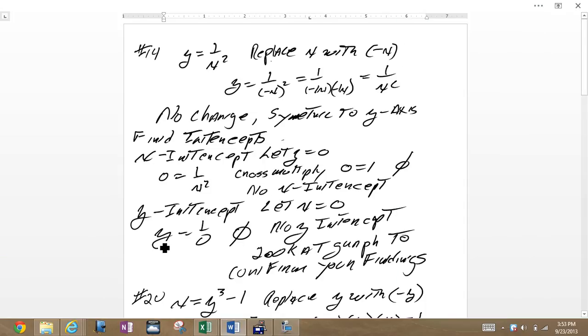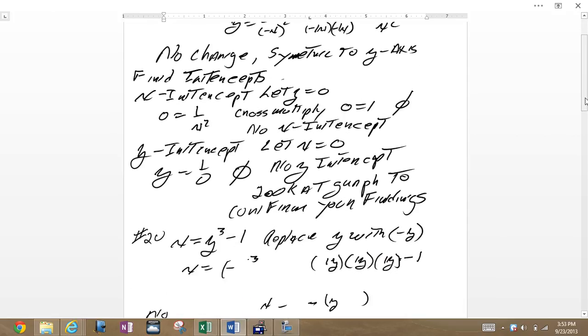All right. Now let's look at another one of the problems that we're going to test for symmetry and to determine its intercepts. Okay, we're going to look at number 20. x is equal to y cubed minus 1. So the first thing I'm going to do is replace y with its opposite.